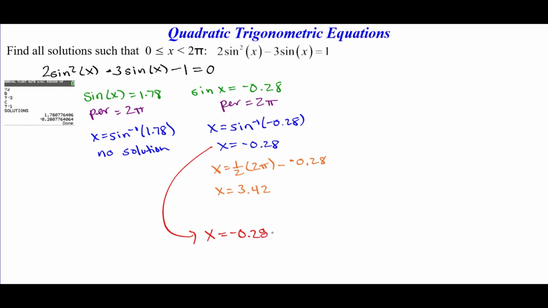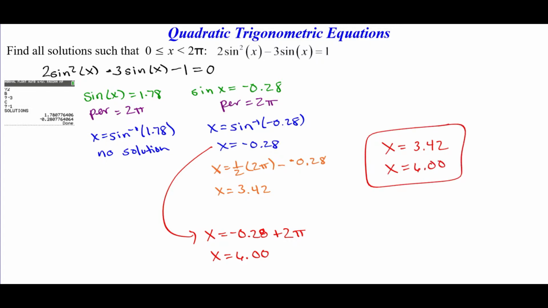So -0.28 plus 2 pi gives me about 6.00. Both 6.00 and 3.42 are between 0 and 2 pi, so those are my two solutions: x is 3.42 and x is 6.00.